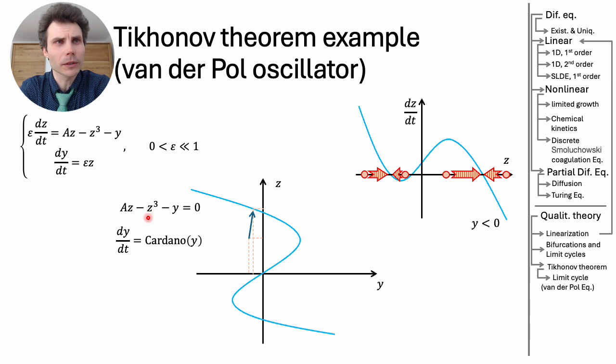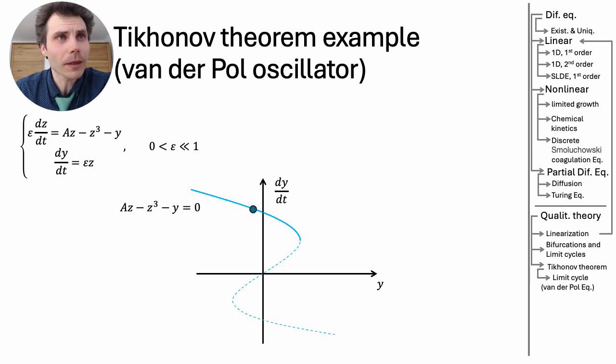I will call it sporadically the Cardano formula, or just the quasi-stationary curve of z in this case. Okay, so now we have another state of the system.